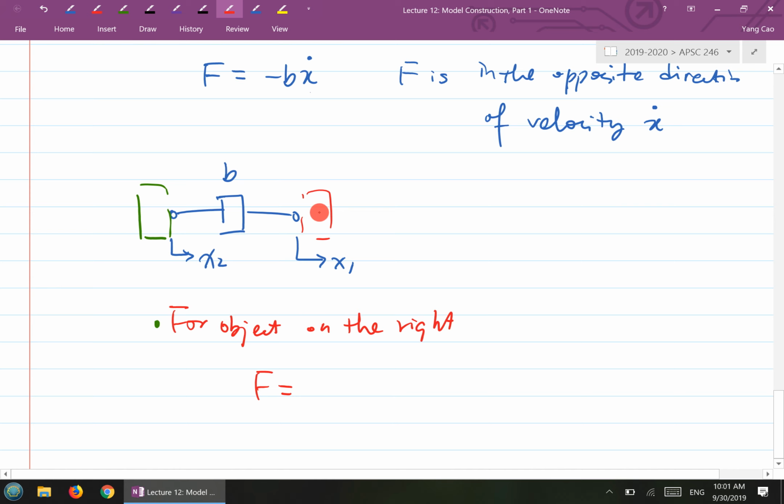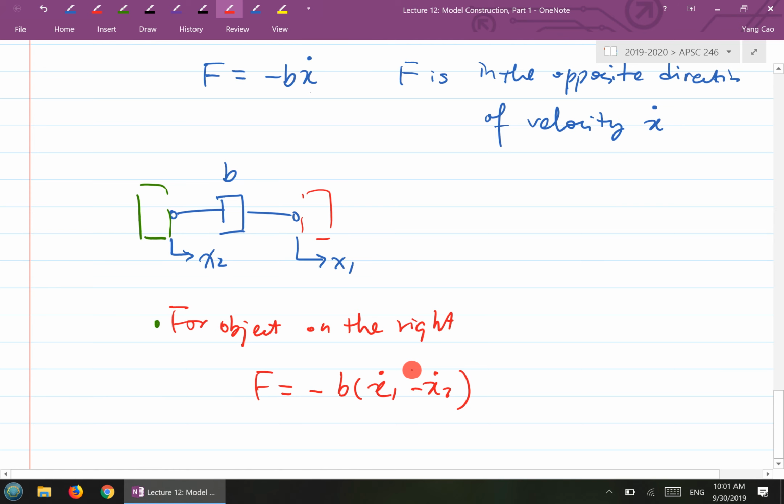The restoring force governing equation is F equals negative B times (x1 dot minus x2 dot), which means the restoring force is in the opposite direction of x1. That's what this negative means. And it's proportional to the difference of the velocities at both ends.